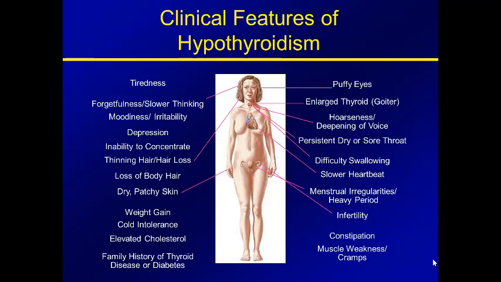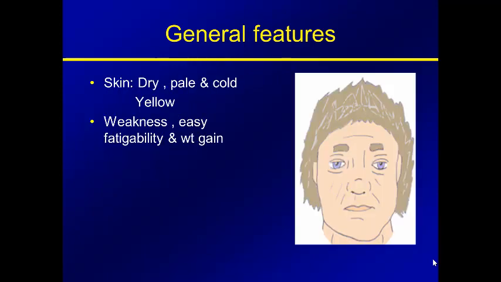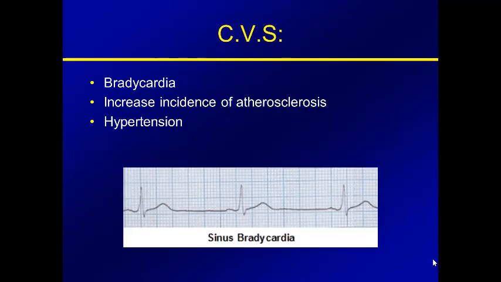It's not mandatory to find all these symptoms and signs in one patient. Sometimes your patient has 1, 2 or 3 symptoms without other symptoms. Here are examples: you see the patient with intolerance to cold, expressionless face, bloated, loss of the outer third of the eyebrow, thickened tongue, dry skin, cold, yellow, easy fatigability, weight gain.